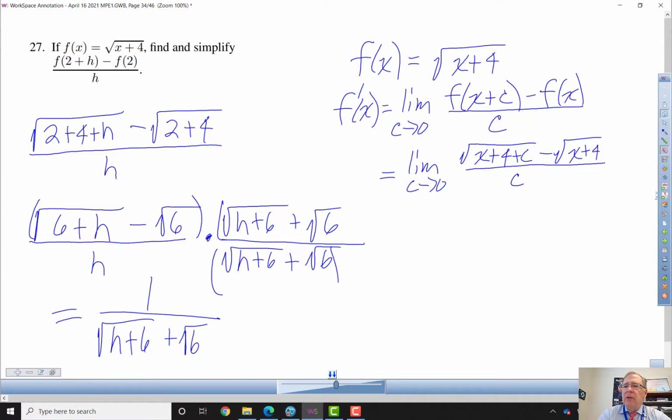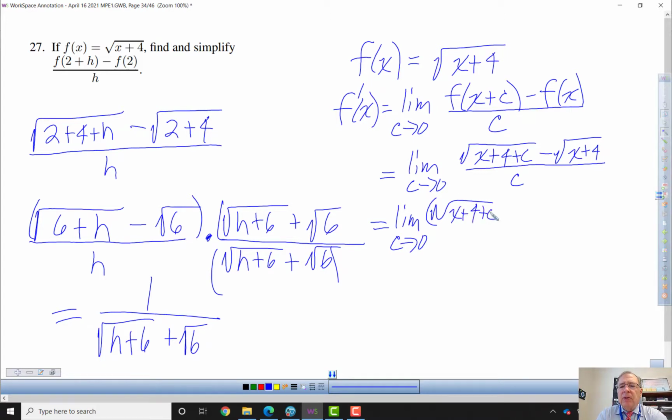If you've had calculus, you know that the definition of a derivative comes from this limit definition. So if we do the same process here, so the limit, and I like using c instead of h. So the square root of x plus 4 plus c, minus the square root of x plus 4, and we put in the c, and then we do the complex conjugate over itself.